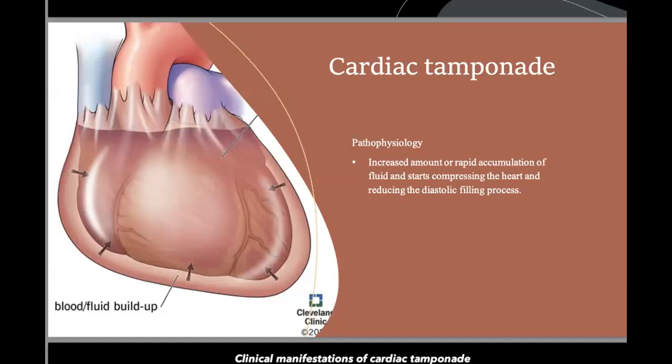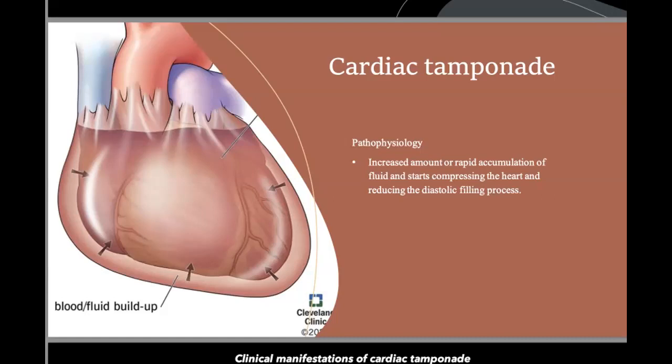We have fluid accumulation over a period of time, while in cardiac tamponade we have a very rapid accumulation, rapid to the point where the heart cannot fully relax during the diastole phase. It is compressing so hard that it cannot relax and cannot fill, and that will disturb our filling process.